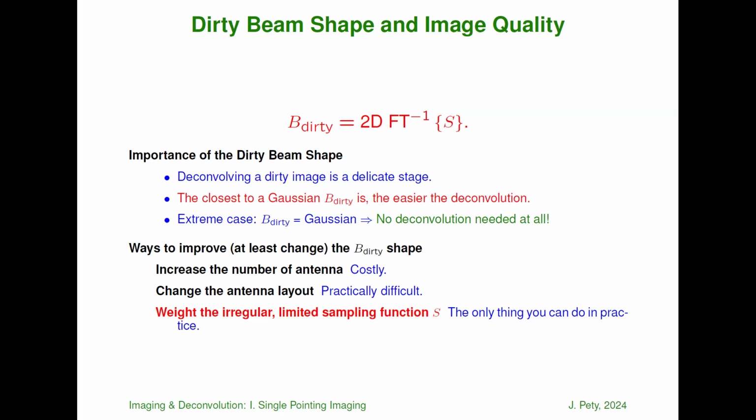Once you have a limited number of antennas because you run out of money, the second thing you can do is change the layout of the antennas on the ground. Choose different positions of your antennas on the ground, and if the antennas are movable, move them.